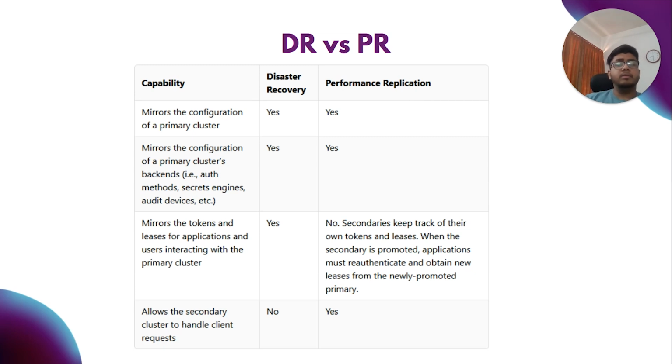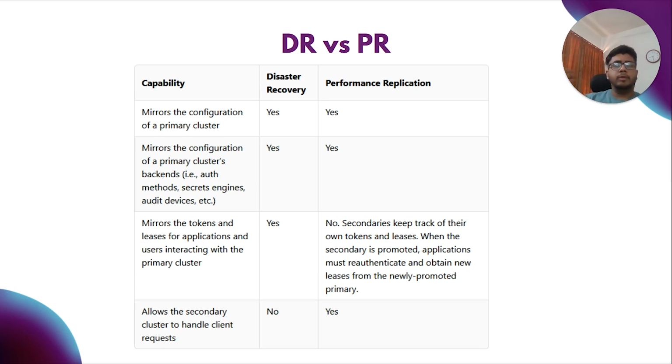So where does performance replication help? When your cluster is in some XYZ region and you are facing some bandwidth issues in some other region, your application performance shouldn't be reduced. To increase your performance, it will create another secondary cluster, but it will work as a secondary only.